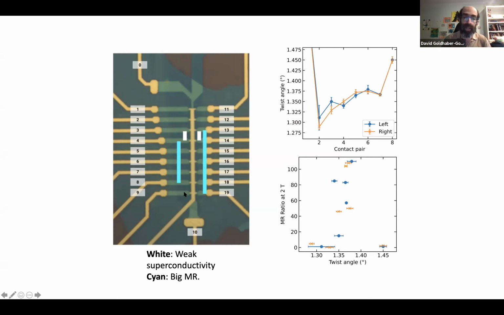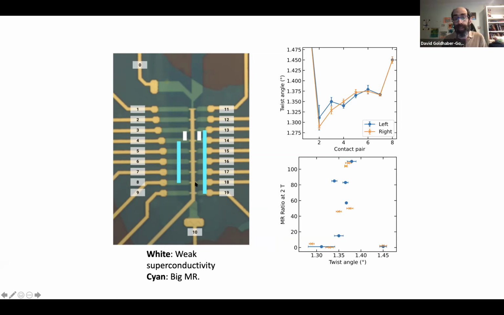So we can measure longitudinal resistance on 8 pairs here, 8 more pairs there, so 16, and then also 9 Hall pairs, 25 of them. We can measure all of those simultaneously, so that when we sweep the magnetic field and gate voltage just once, we collect information about all these different parts of the sample.